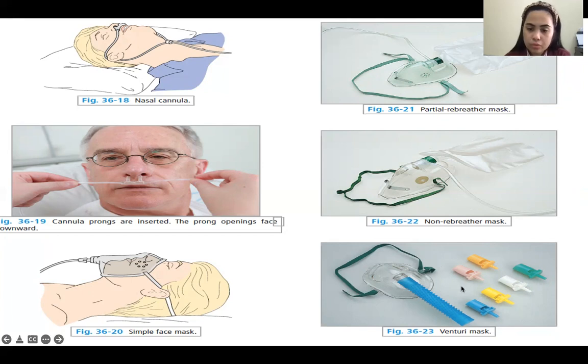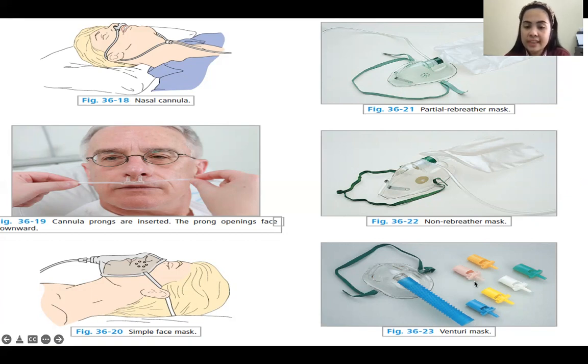As I've told you, the Venturi Mask has a color-coded connector. There is a designated LPM, or liters per minute, on each. Some color is 2 liters, other color is 4 liters, 6 liters.